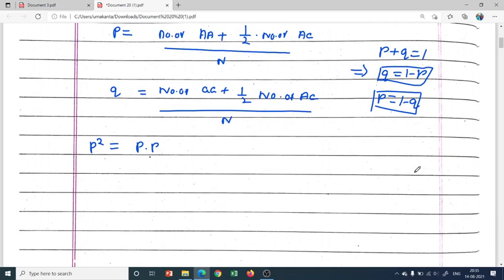Another three important formulas: the number of homozygous dominant, capital A, will be p square into n. Like that, the number of capital A small a will be 2pq into n, and the number of small a will be q square into n.